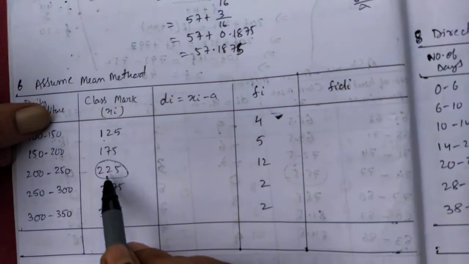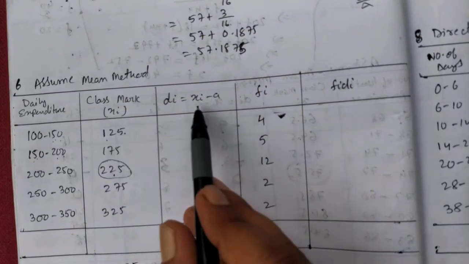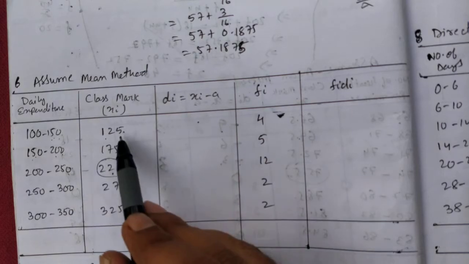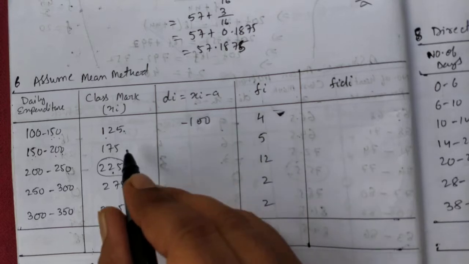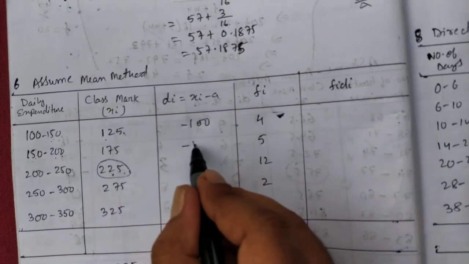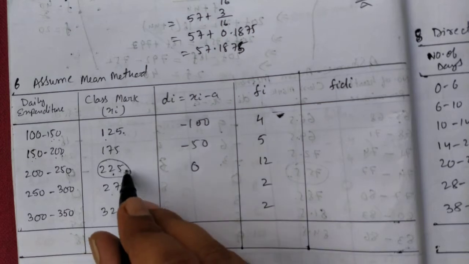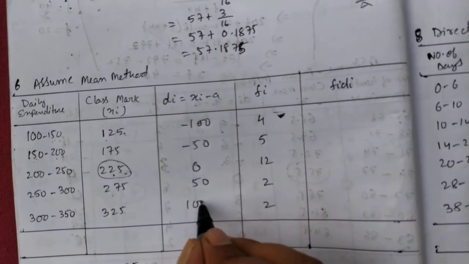Every time we subtract 225, because it says xi minus a. So 125 minus 225 is minus 100. This minus this is minus 50. This minus this is 0. 275 minus 225 is 50. This minus this is 100.